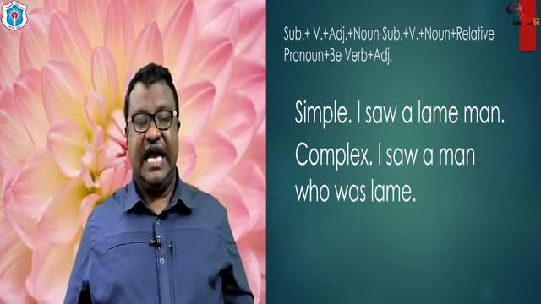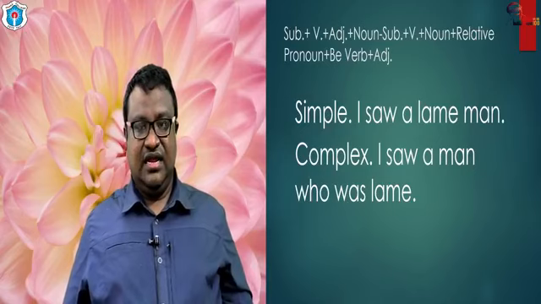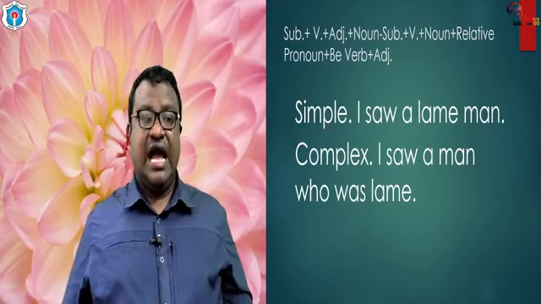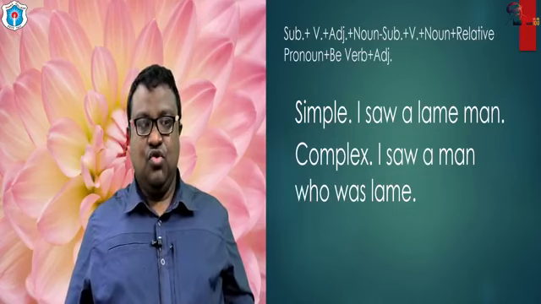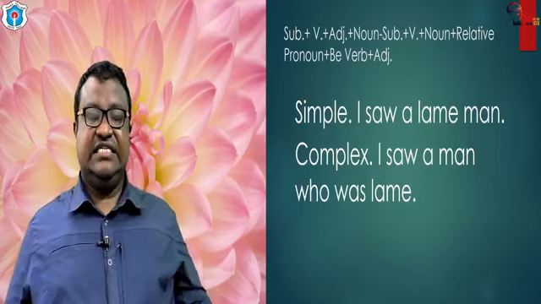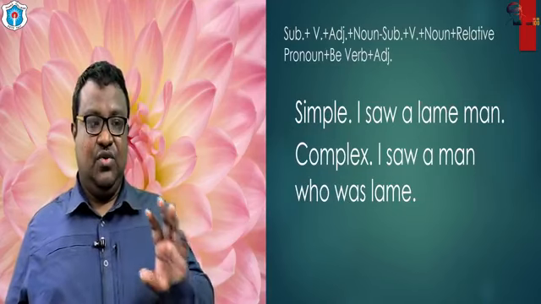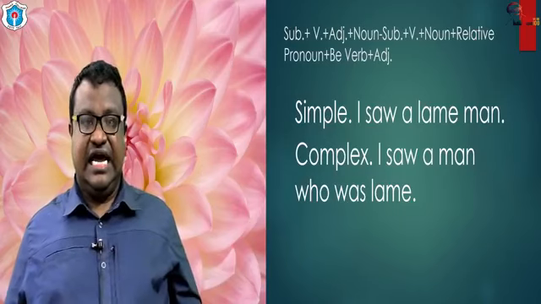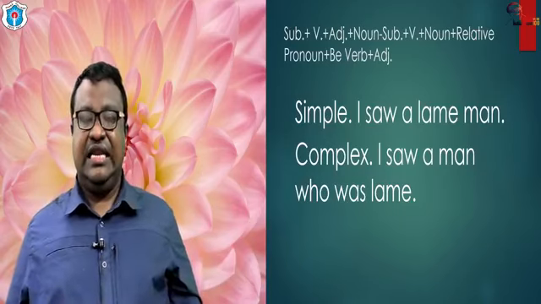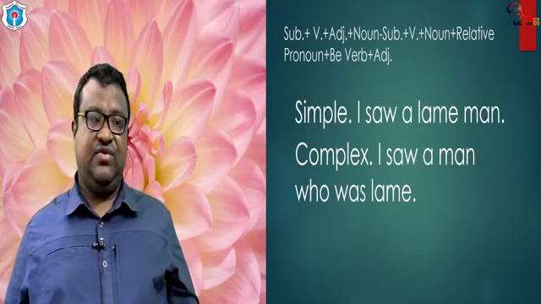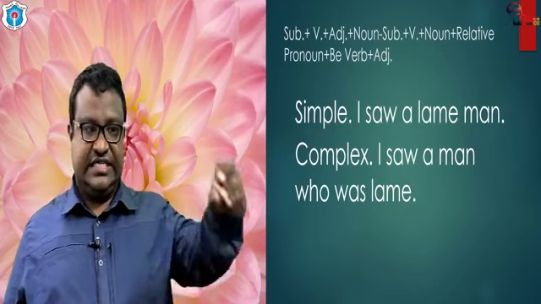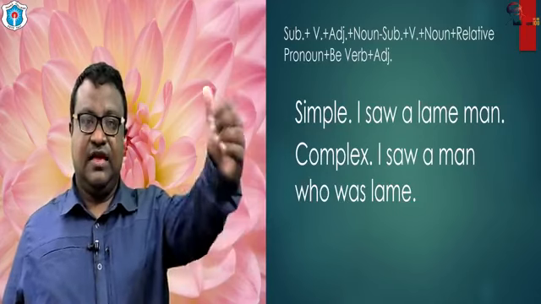The question is, I saw a wealthy man. What will we do? I saw a man who had wealth. So in this case, instead of verb to be, we are using the verb to have.